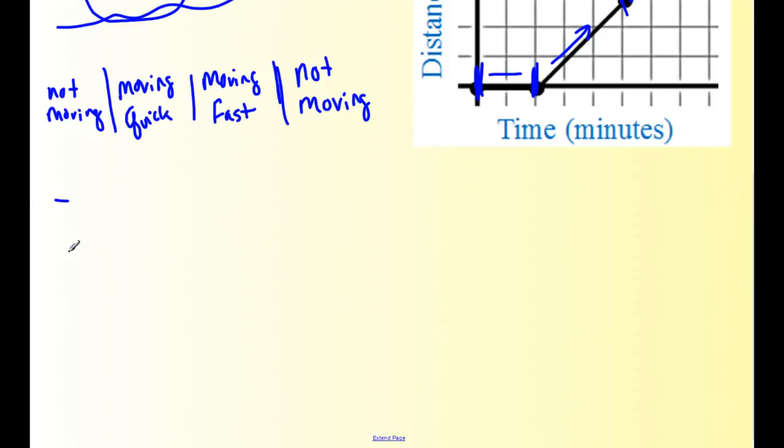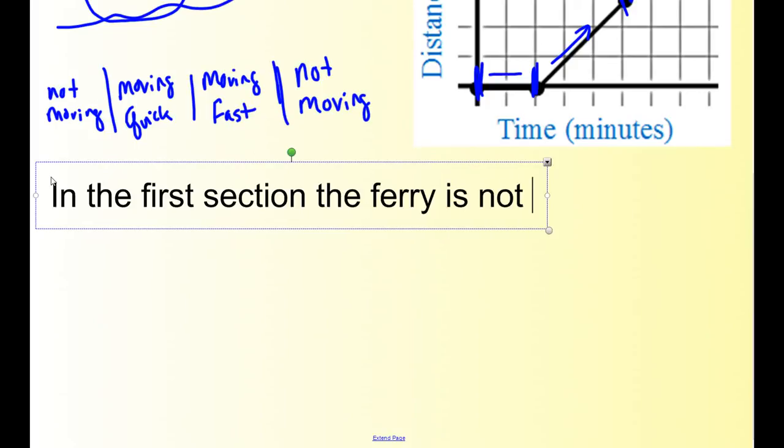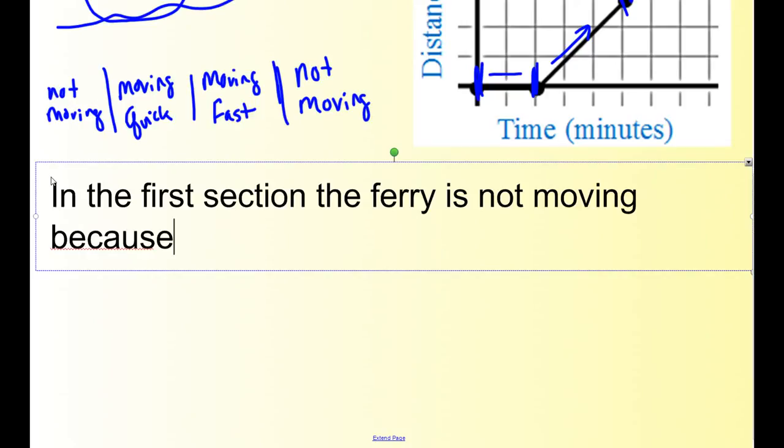So the first section, we're not moving. Let's delete that. In the first section, the ferry is not moving. Because why? Why isn't it moving?